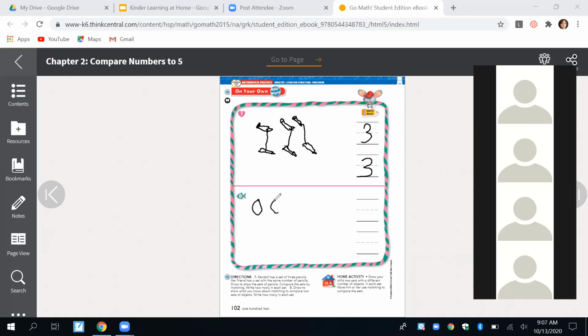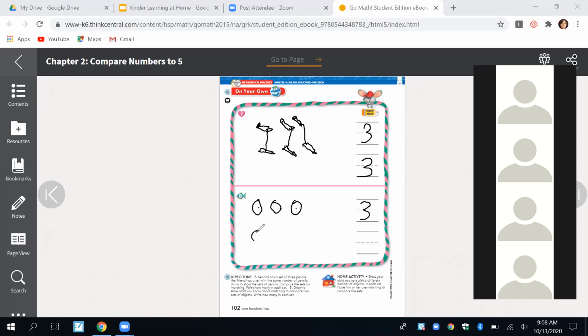1, 2, 3. See, I'm making sure I have 3. So, Christian, can you give me a number that is greater than 3? 4.